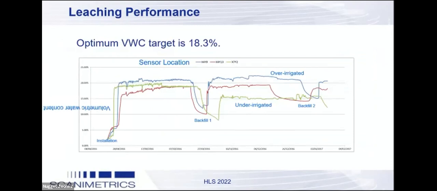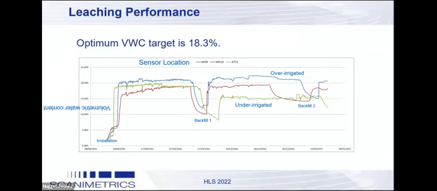Here's some more graphics showing the performance of an actual in situ sensor, the target being 18.3%, and we can see some sensors are running at a higher moisture level, slightly high. Some are under irrigated or under moisture. We got one, the red one there is about right. The changes you see, the little dips are due to points in time when the irrigation is stopped.